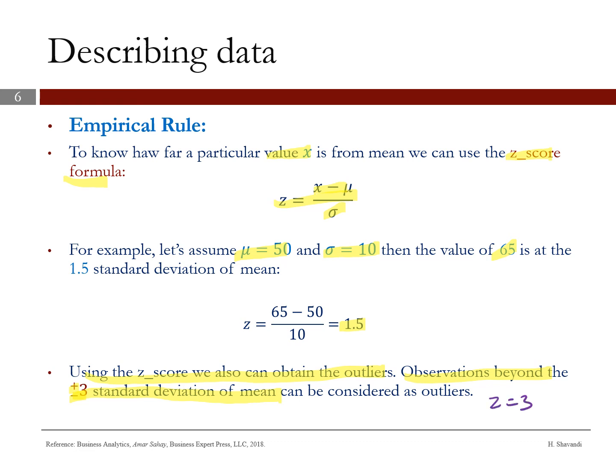That would be mu minus 3 sigma and mu plus 3 sigma. Here is the mu, here is mu minus 3 sigma and mu plus 3 sigma. Any observation beyond this range would be considered an outlier.